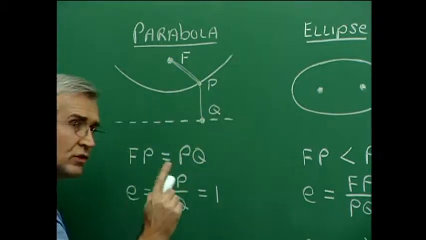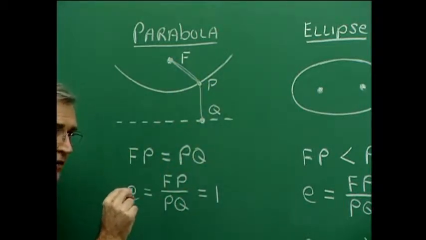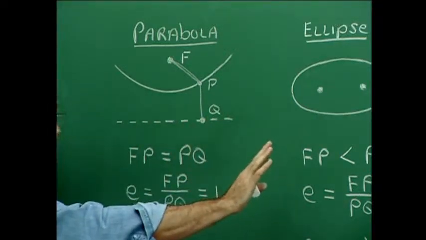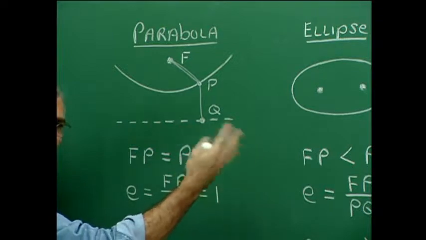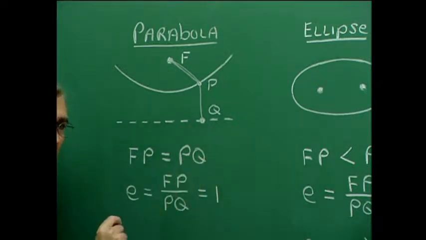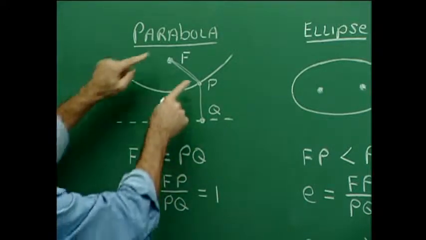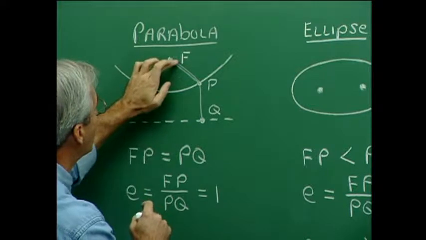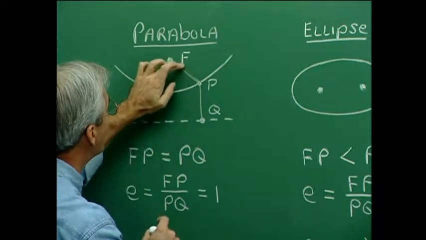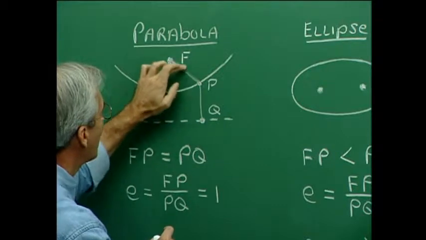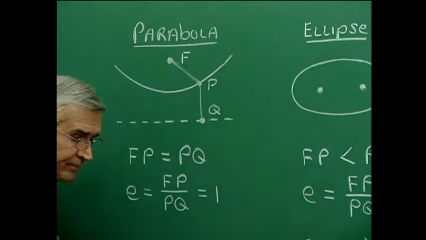All right, eccentricity is defined as a ratio. Now, eccentricity was a ratio before when we talked about it with ellipses, and we'll come back to it, and I want to relate back to it when we get to the ellipse. But we're going to define eccentricity here as the ratio of FP to PQ. And since those distances are equal to one another, that eccentricity number is 1. Now, let me tell you where we're going with this notion of eccentricity.